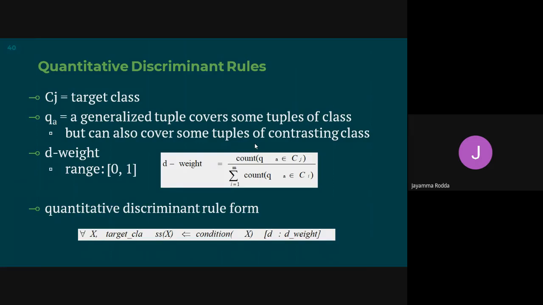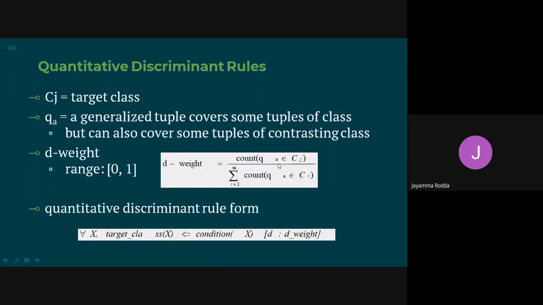Okay, so formally we will represent the D weight of QA for the target class CJ, defined in the range 0 to 1, and the formula given for the D weight is like this.